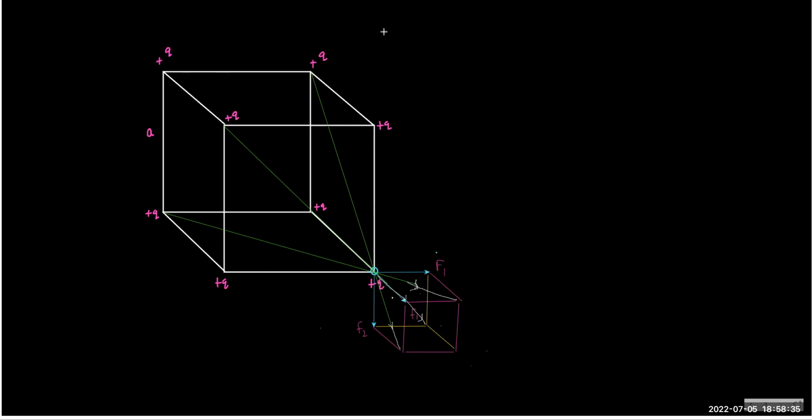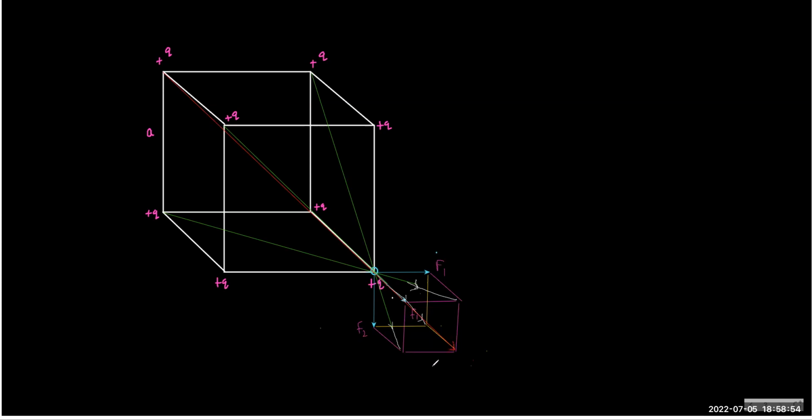And the third force, which I'm taking along the body diagonal, will exactly go towards this end. Again, difficult to visualize in this picture.